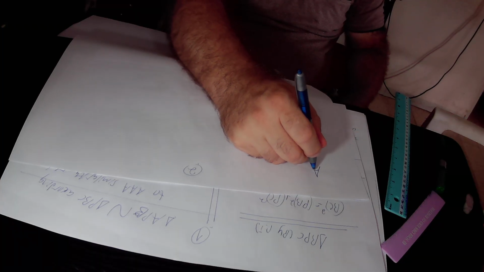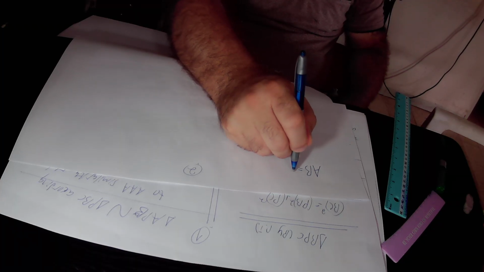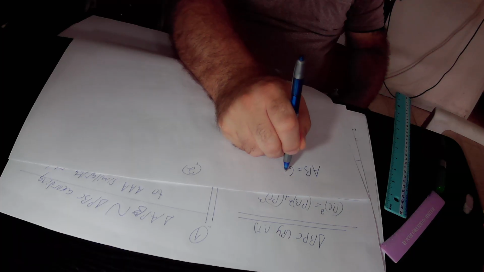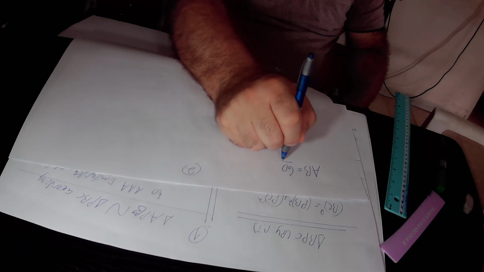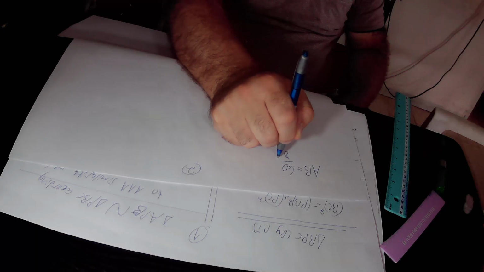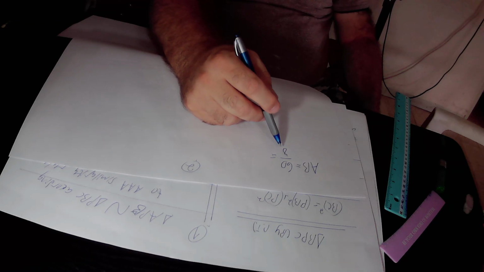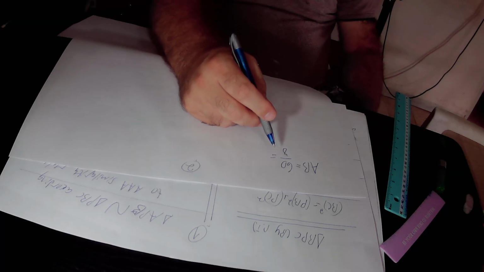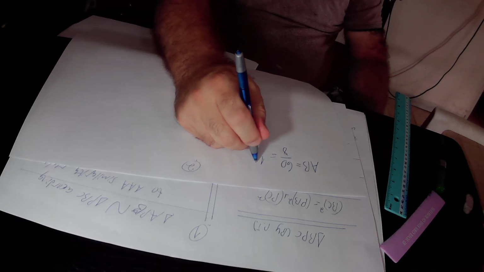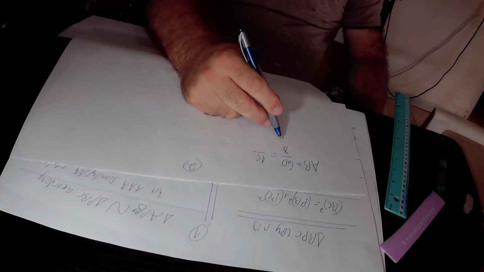So we should find out that AB equals 60 over 8. Here we will divide both the numerator and the denominator of this number by 4, and we get that 60 over 4 is 15, and 8 over 4 is 2.